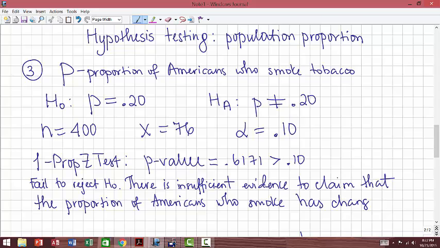Basically we're saying no, it did not change. Yes, 0.19 is different than 0.20, but it's not significantly different. All right, so that's what we do here.